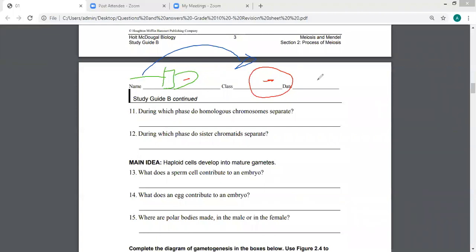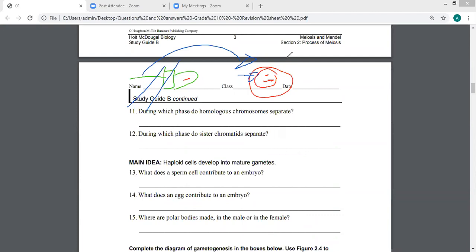When it reaches the egg, the neck and the tail are separated. Still, the head enters the egg, and then the nucleus inside the head fuses with the nucleus of the egg, the female germ cell.